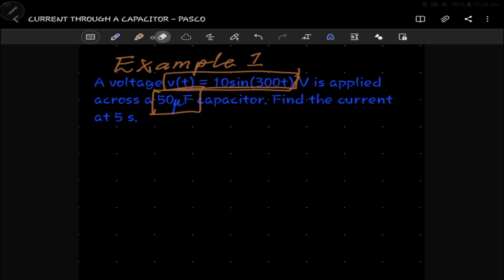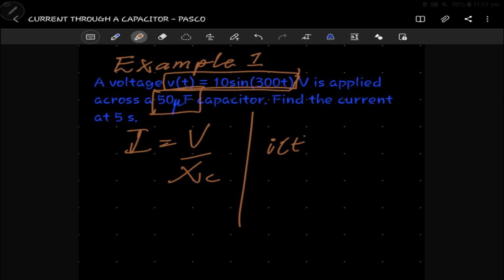The current won't be directly this V on, let's say, IC, because it's in terms of sinusoidal. The actual equation that we use is I, a sinusoidal quantity, equal to the capacitance times dV/dt. So this is the equation that we use in this case.